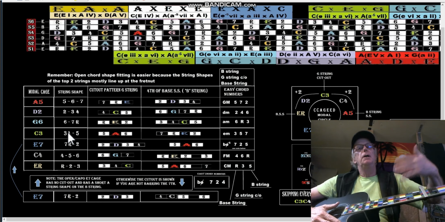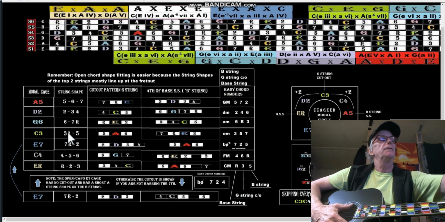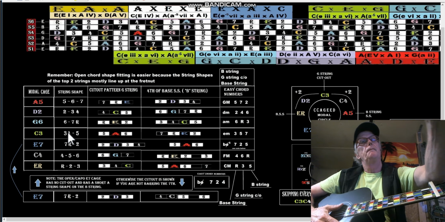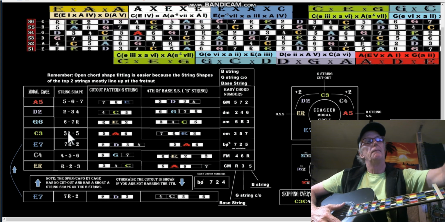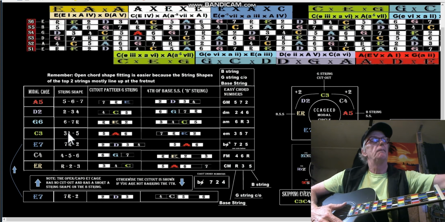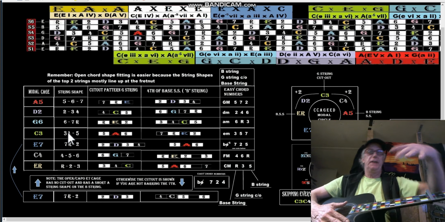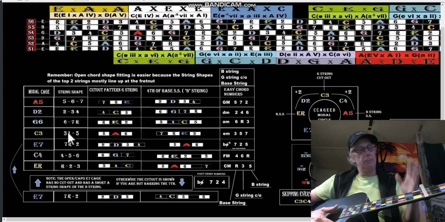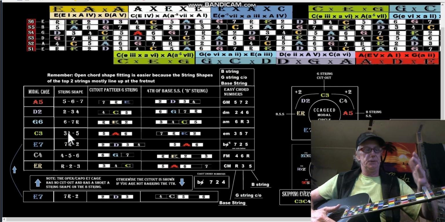That would be like basically a Phrygian kind of thing. It's basically a diatonic scale, but it's starting on the Phrygian third down here.